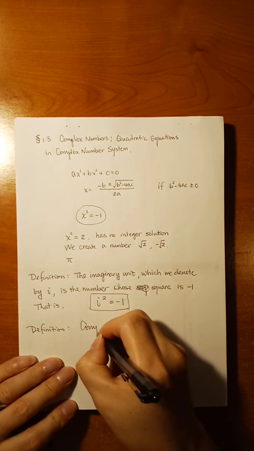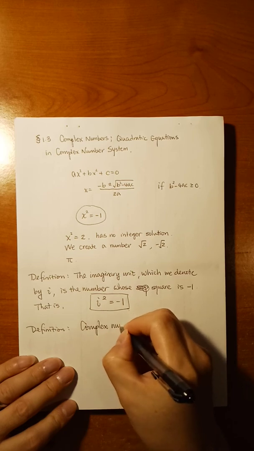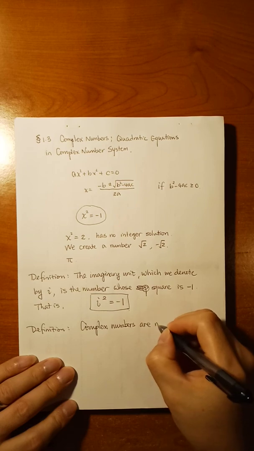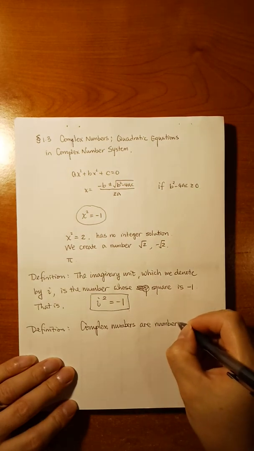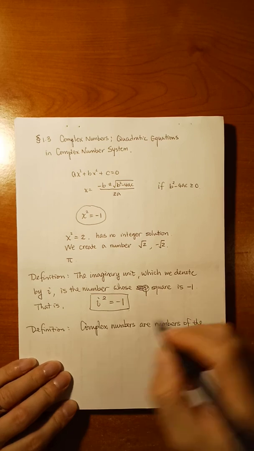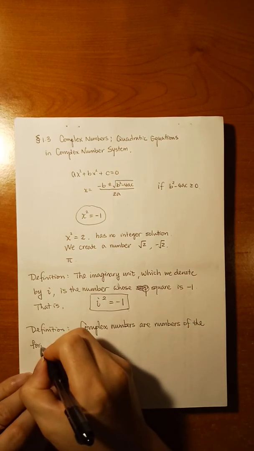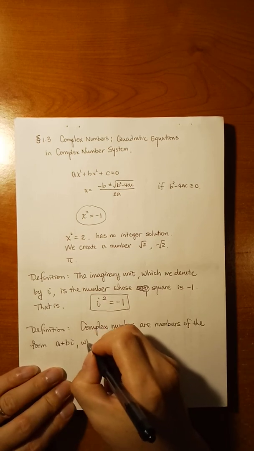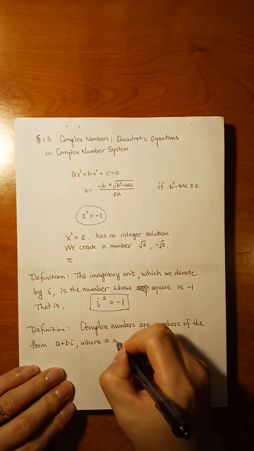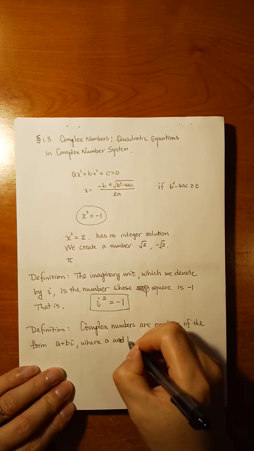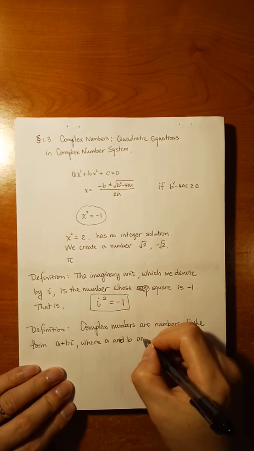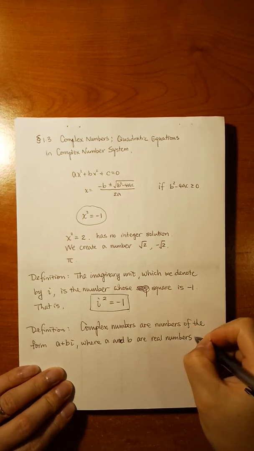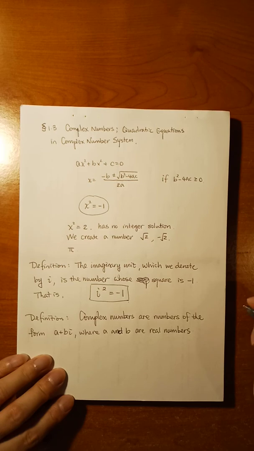Complex numbers are numbers of the form a plus bi, where a and b are real numbers.